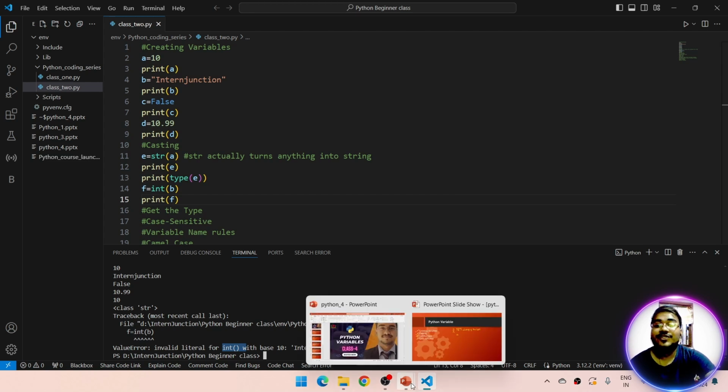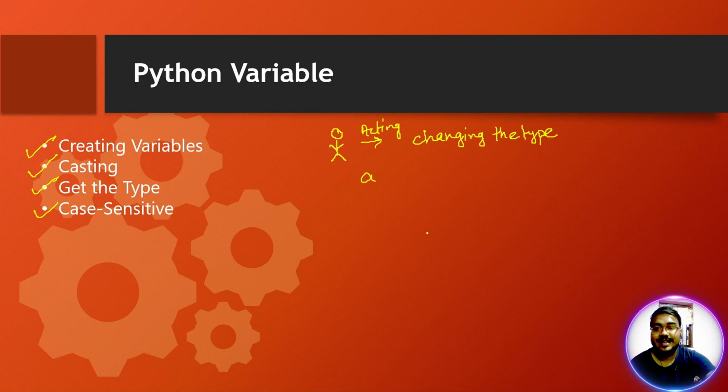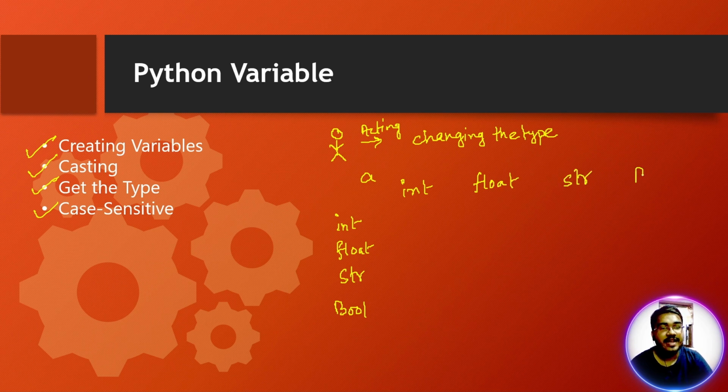Okay, so for your better understanding, I suggest you create a chart with integer, float, string and boolean, bool, and write the same thing: integer, float, string and bool.